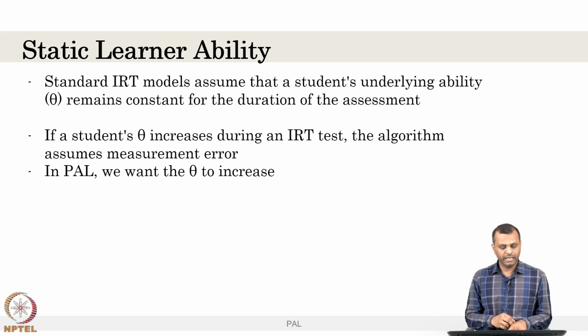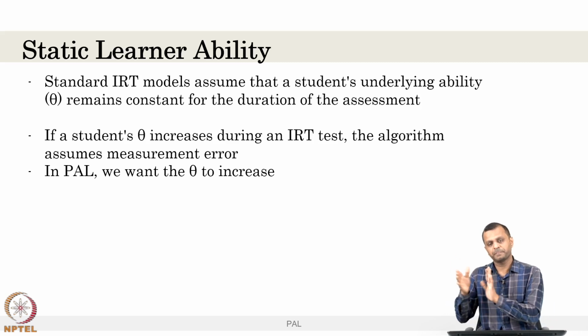Another issue is that IRT models assume that students' underlying ability remains constant for the duration of the assessment. Now it has been improved, but most of the systems created in IRT assume that. The initial IRT systems were based on the student's ability, which would say your ability is 2, so I'll give you all the 2-level questions.